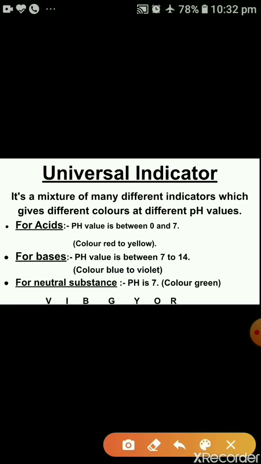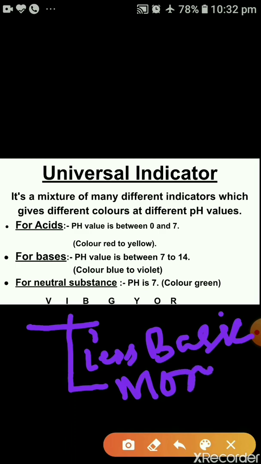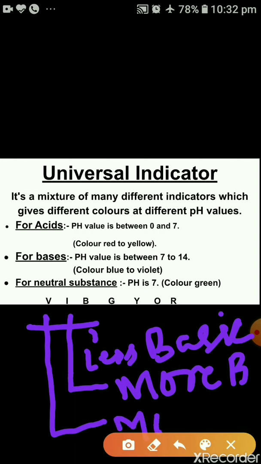As you go from blue to violet, blue will be less basic. If we get a darker shade, indigo, then it will be more basic, and if we get the darkest shade, that is violet, it will be most basic.